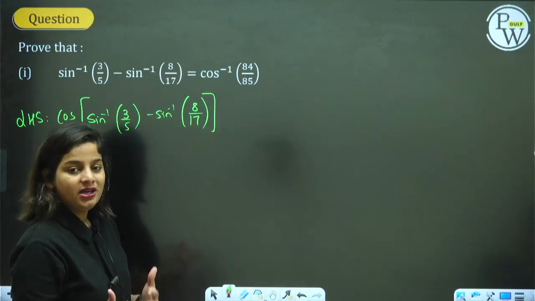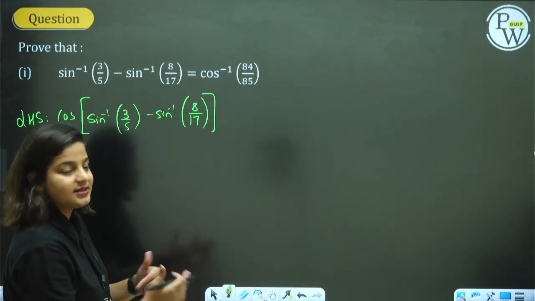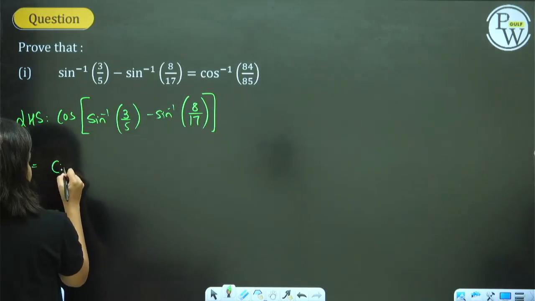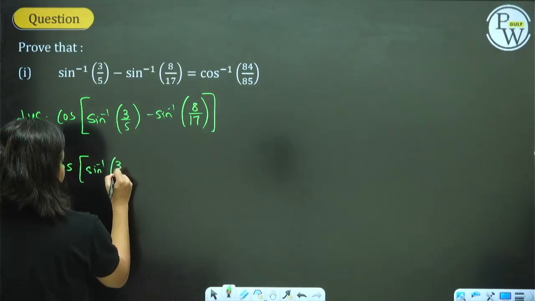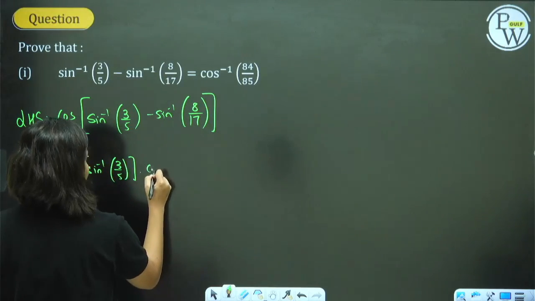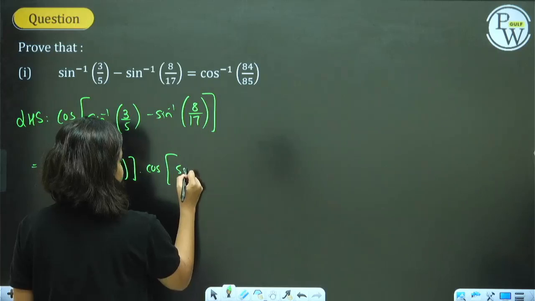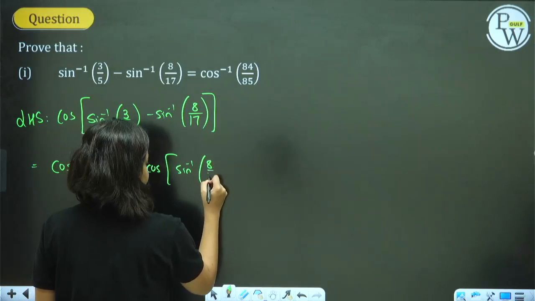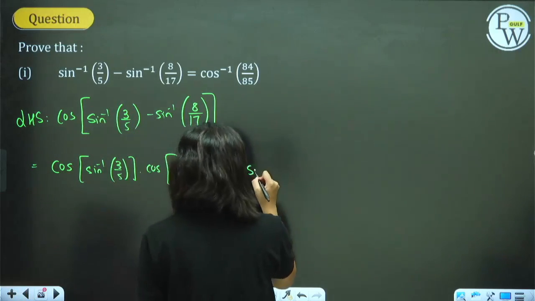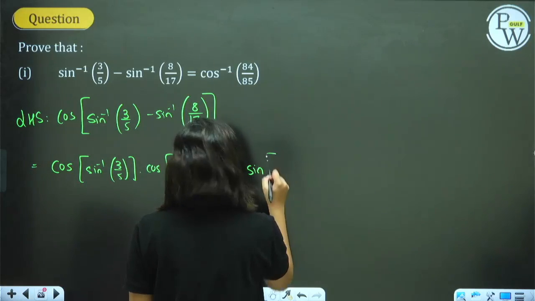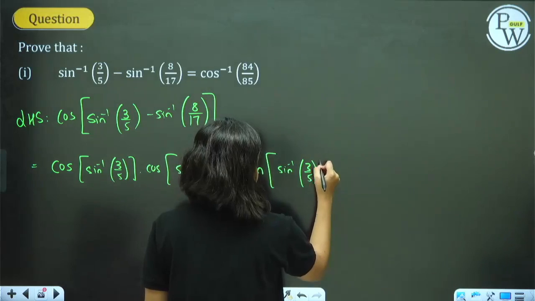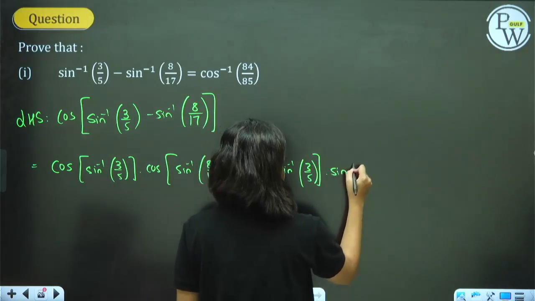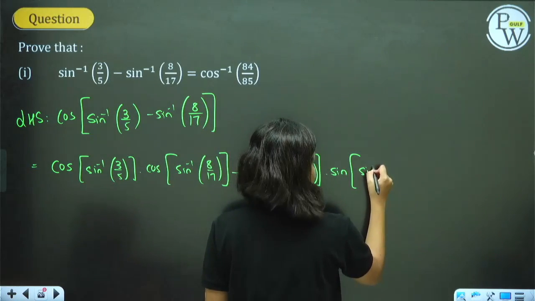Cos of A minus B is cos A cos B minus sin A sin B. So cos A cos B minus sin A, where A is sin inverse 3 by 5, into sin B, where B is sin inverse 8 by 17.